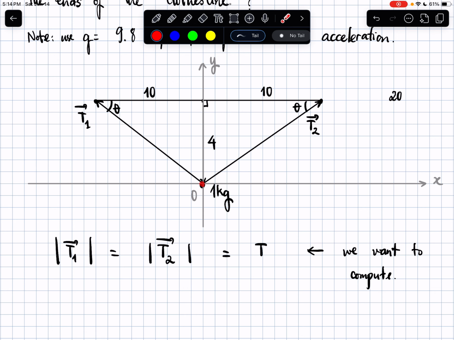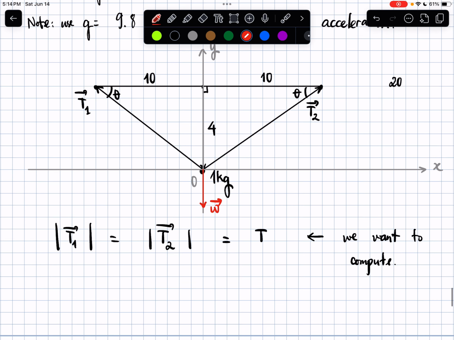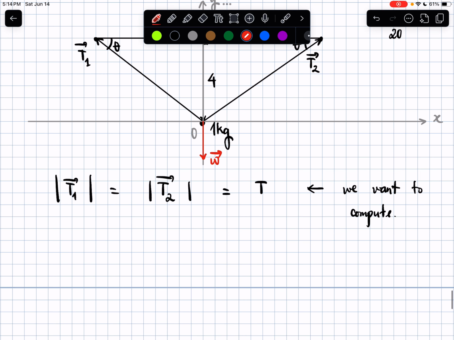We have 3 forces at this point. The first two we know, T1 and T2, the 2 tension forces, and the last one is the gravitational force. Let me call it W. In the Oxy plane we have 2 components, x and y.